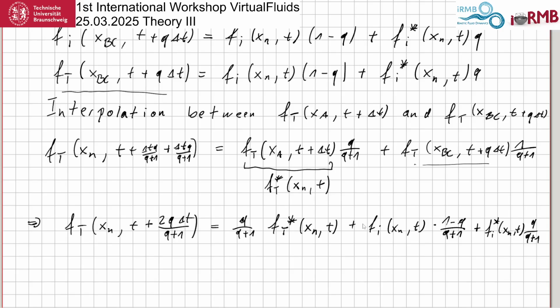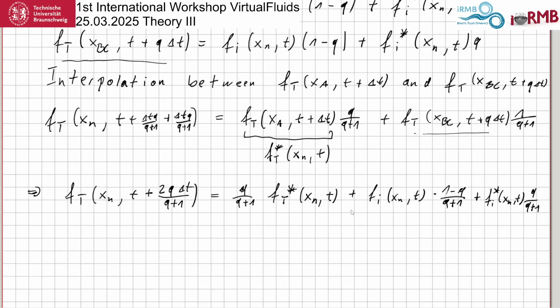Now you could say, we do it on the pre-collision state, then we do the collision, and then we know the post-collision state. So this is one possibility. This is not how we implemented it. It was implemented so that we know the post-collision state. So we have to express everything in post-collision. And this is where we use BGK.